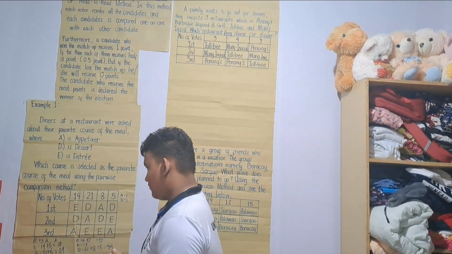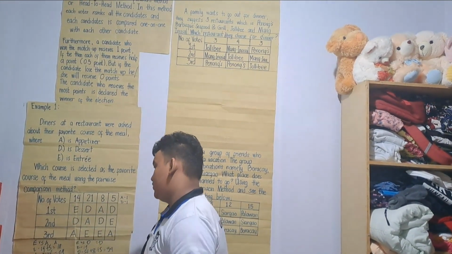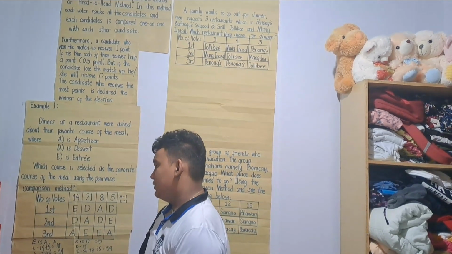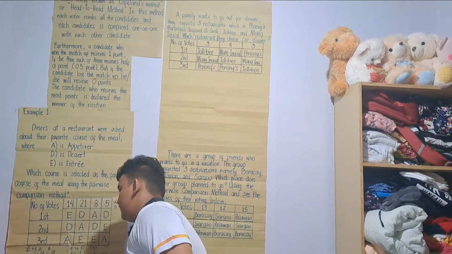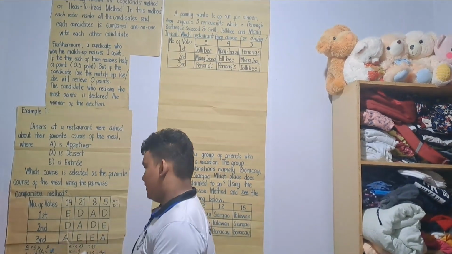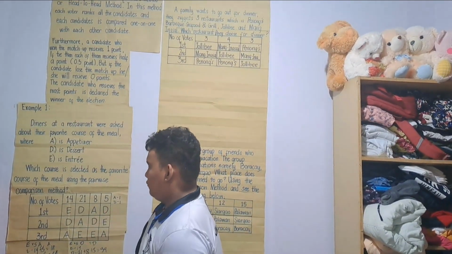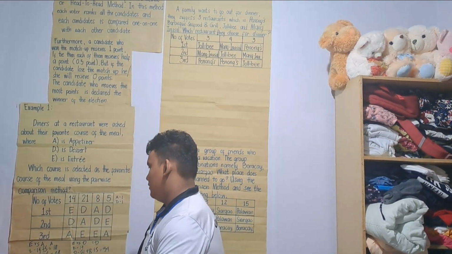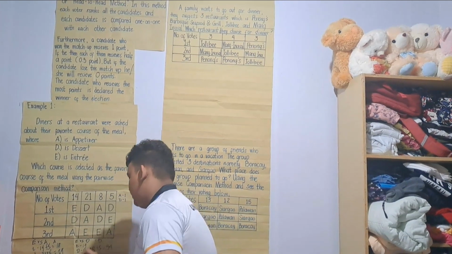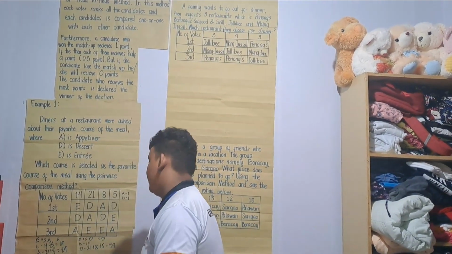In the first column, 14 voters choose dessert over appetizer, so dessert has 14. In the second column, 21 voters choose dessert over appetizer. So 14 plus 21.